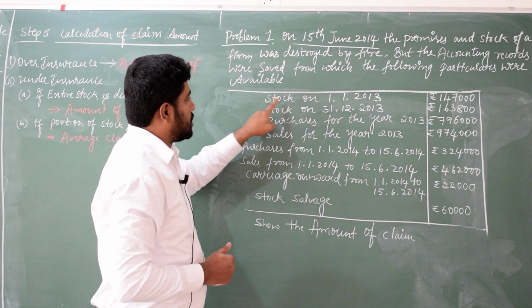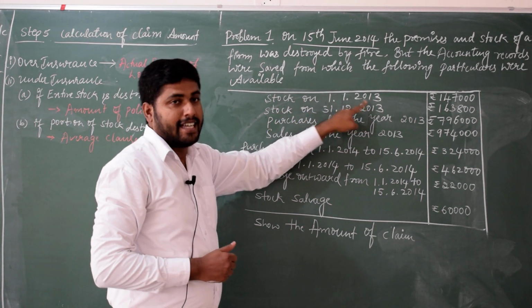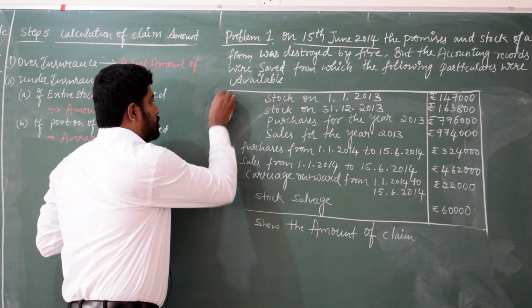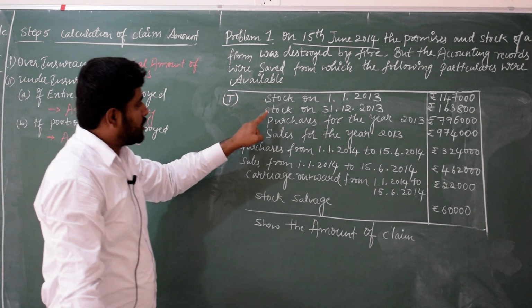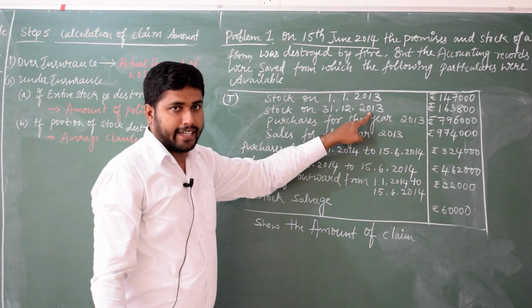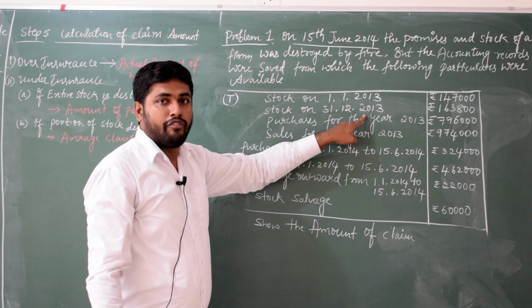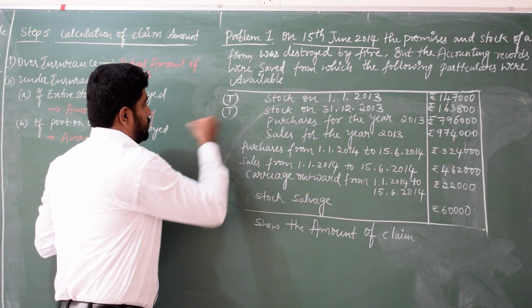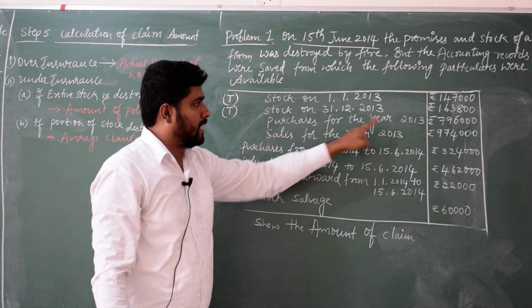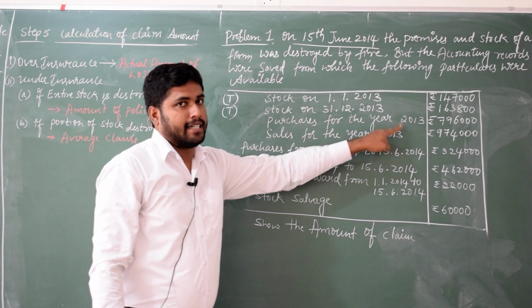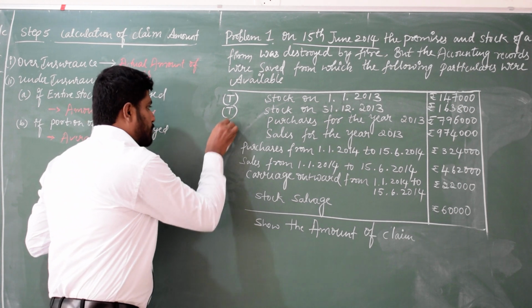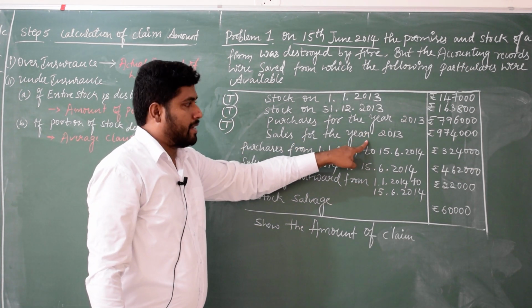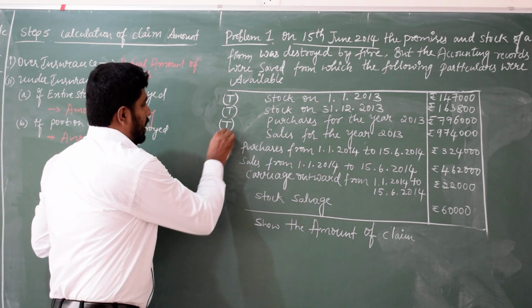Stock on 1/1/2013, stock on 31/12/2013, purchases for the year 2013 and sales for the year 2013 all belong to the previous year, so this data belongs to the trading account.